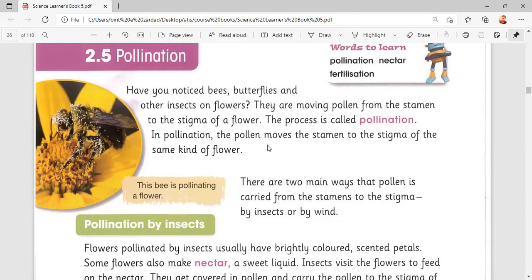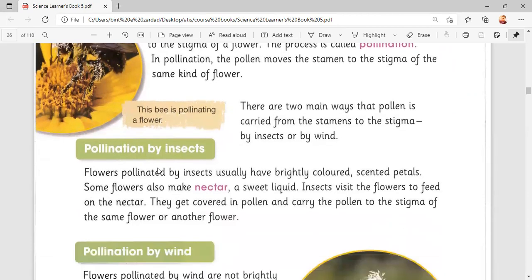First, pollination by insects. Flowers pollinated by insects usually have brightly colored petals, so the insects are attracted to these flowers. They also have scented petals.